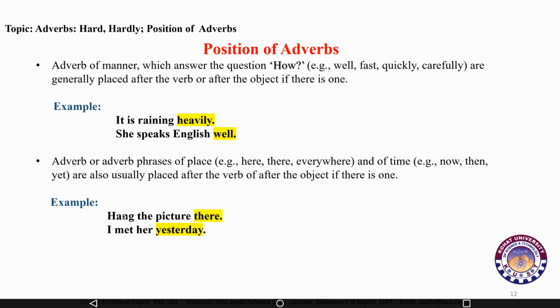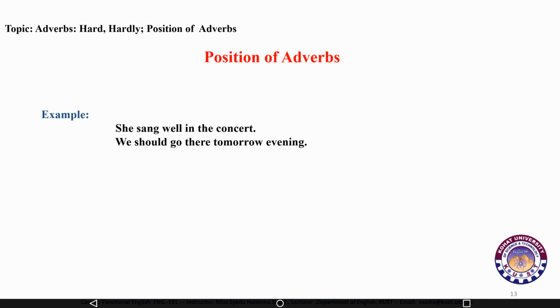So here, hang and met are two verbs, and the adverb of place there is placed after the verb hang, and the adverb of time, yesterday, is used after the verb met. Then, she sang well in the concert.